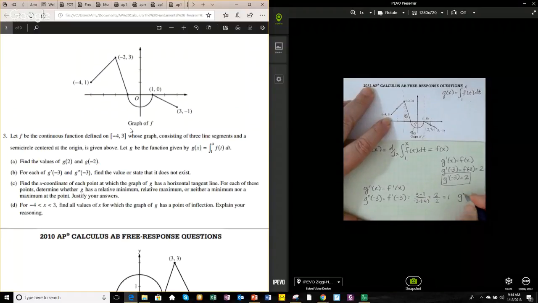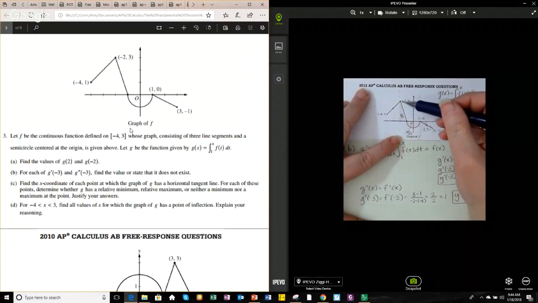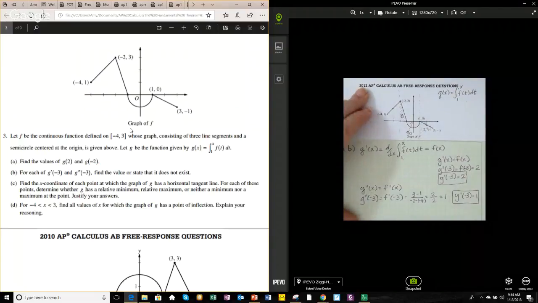So g double prime of negative 3 is equal to 1. Now, g double prime of negative 2 would not exist because that's a corner. The limit of the slope to the left and the limit of the slope to the right don't equal each other, so that wouldn't exist. But they both exist here. So we've done part B. Pretty good. All right, let's do part C.